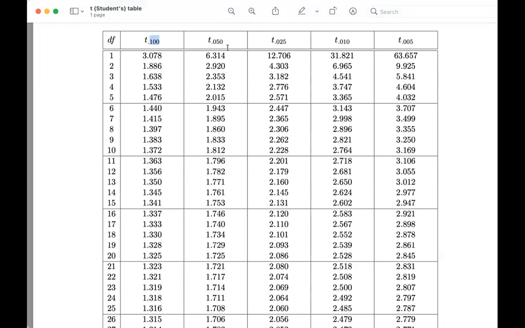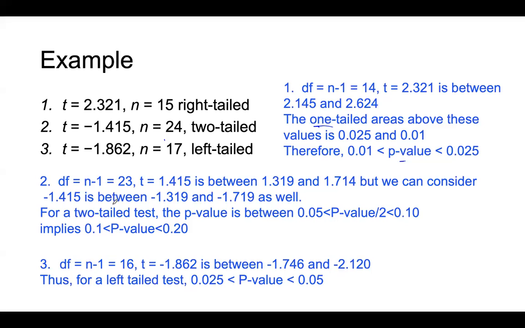But if we recall that this is a two-tailed test, we're going to divide that p-value by 2. So this negative 1.415 will be between the negative values as well because of symmetry.